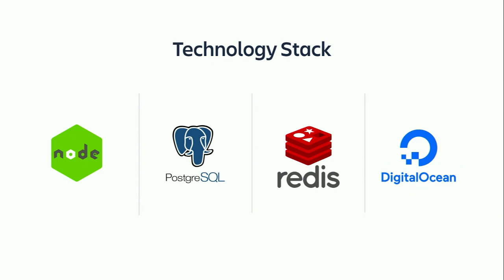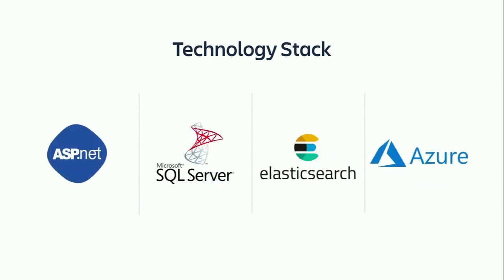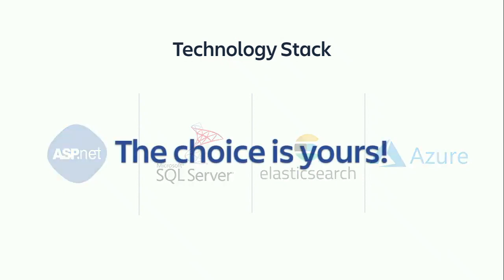Maybe you're a Microsoft team, and you want to use ASP.NET, SQL Server, and Elasticsearch for some search functionality in your app. And then you can host all that on Azure. The point of all of this is that the choice is yours. It doesn't matter what you choose, as long as the technology stack supports being able to make HTTP requests.